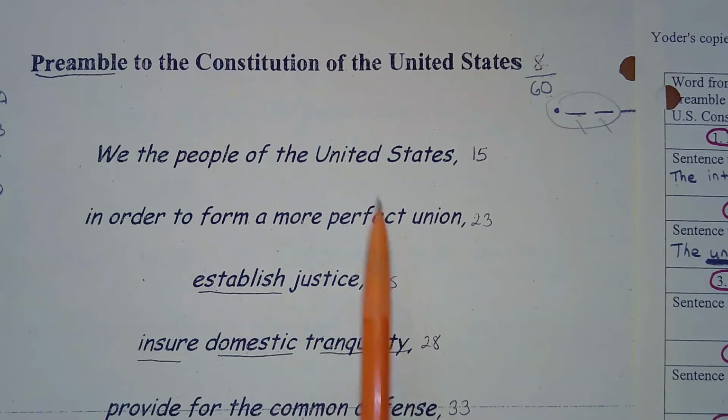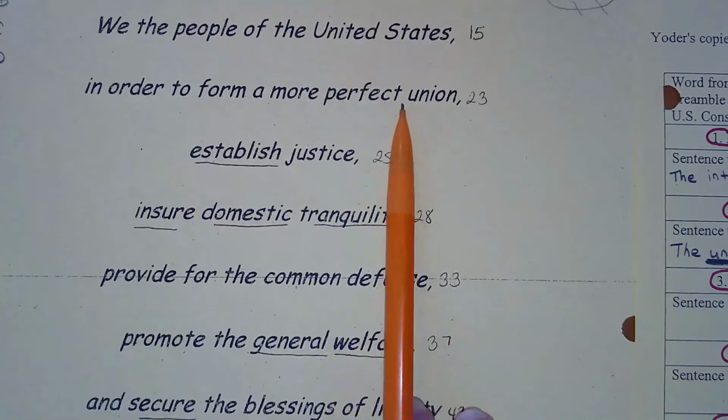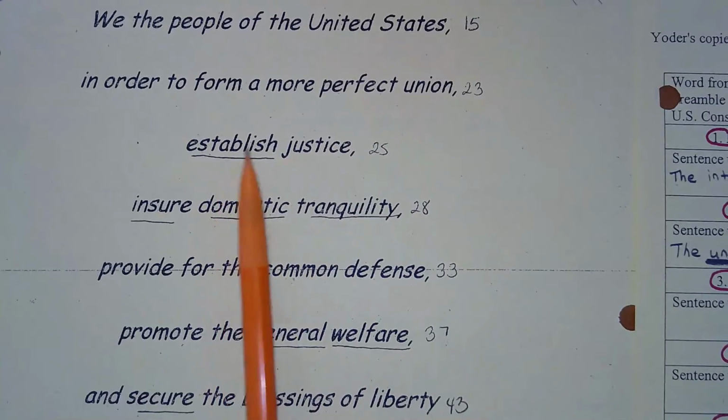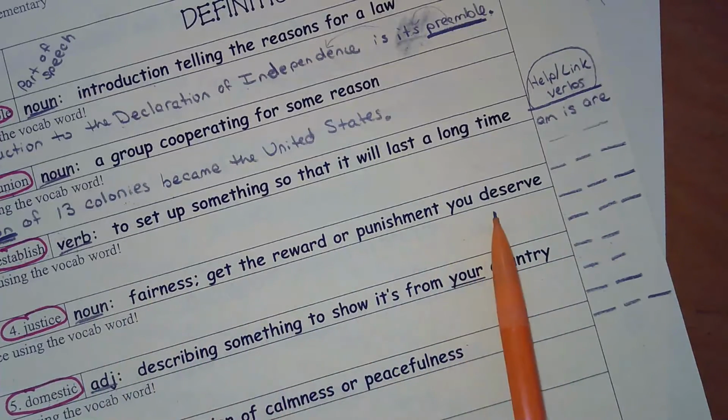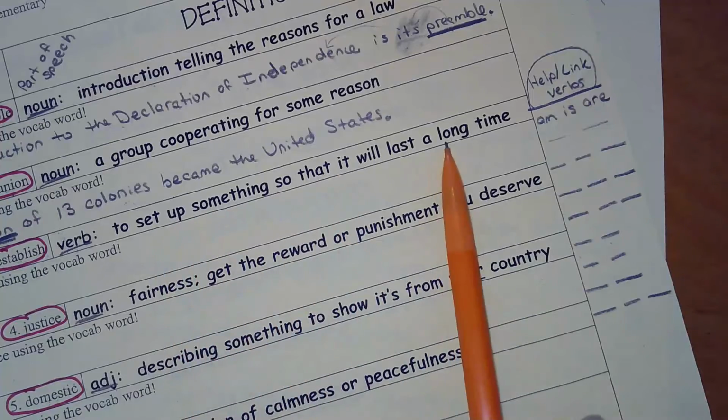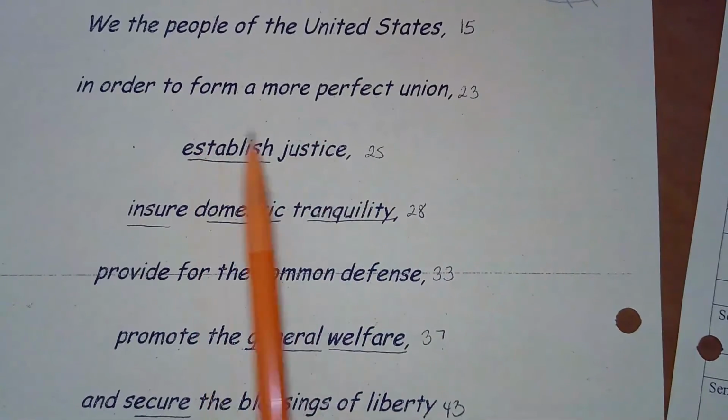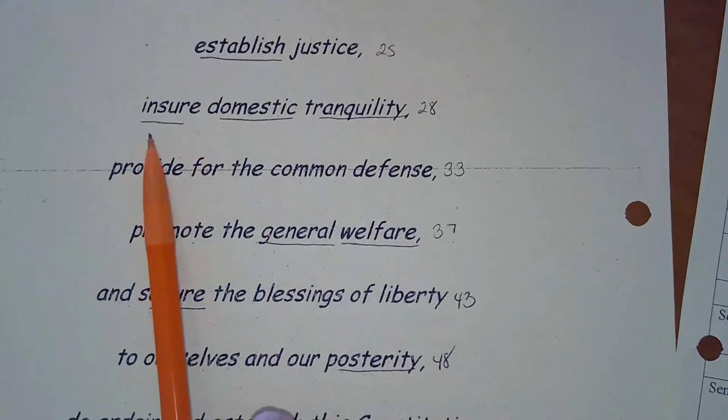So one of the reasons the Constitution was written, in order to form a more perfect union. Why else? To establish justice. To set up so that everyone is treated with justice, fairly, lasting a long time. To establish justice.